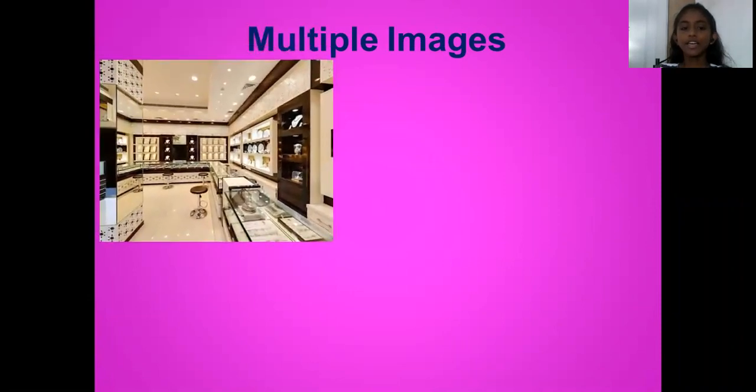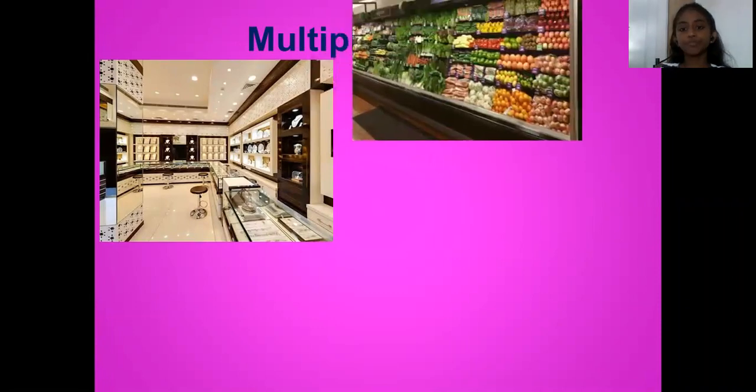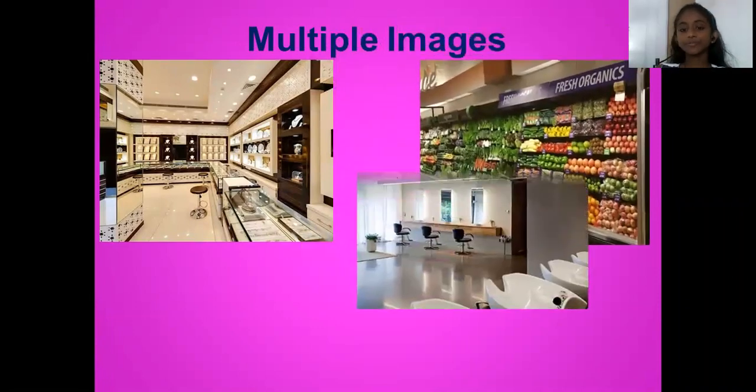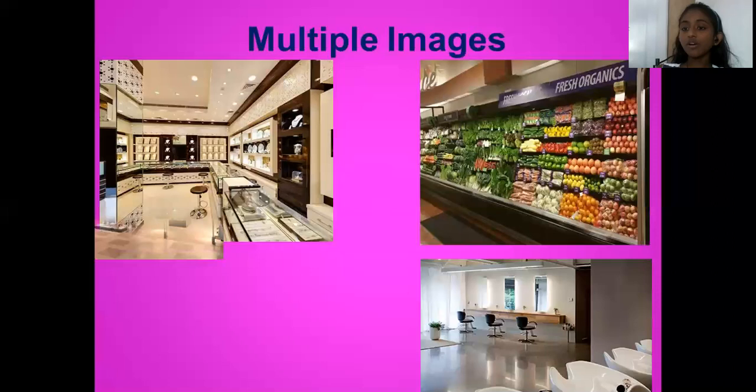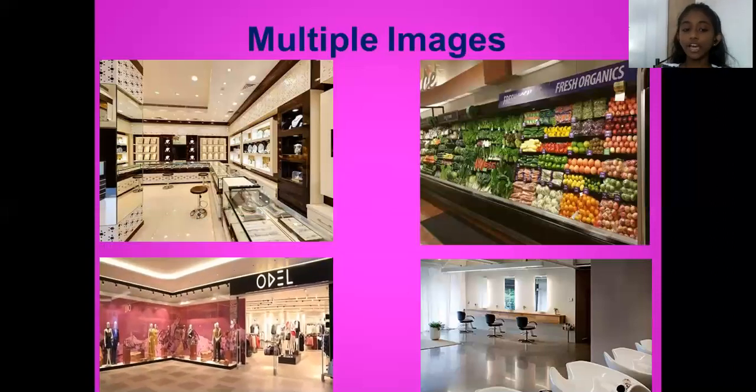So, about multiple images. In jewelry shops, in food cities, in salons, and in clothes shops, we can see multiple images. How is it formed?